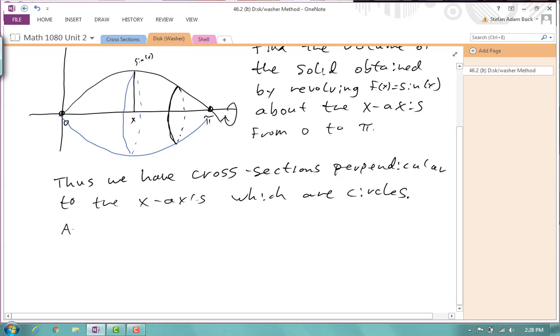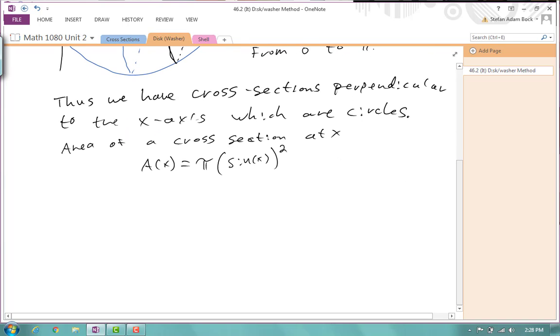So the area of the cross section at x is going to be pi times the radius, which is sine of x, quantity squared. Or in terms of my integral, I'll be integrating from 0 up to pi pi times sine of x squared dx.